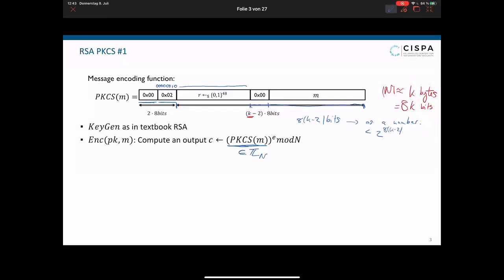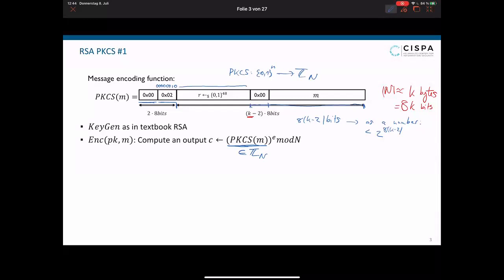So think of PKCS as a function which maps bit strings of the correct message length, whatever that is, doesn't really matter, to Zn.